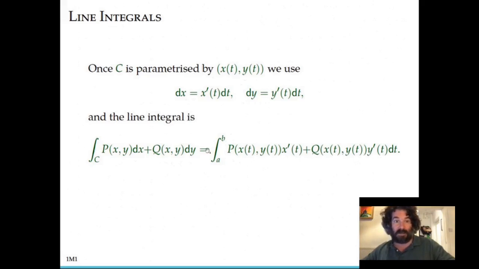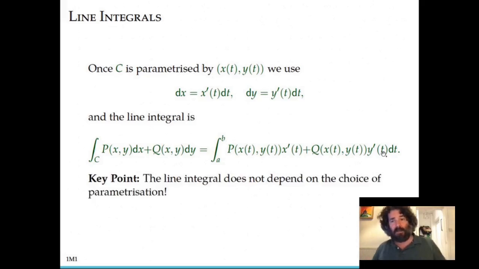And so what we've really done here is we've replaced dx by x prime of t dt and dy by y prime of t dt. And then this becomes a one-dimensional integral, and we evaluate that using the normal methods that we know.